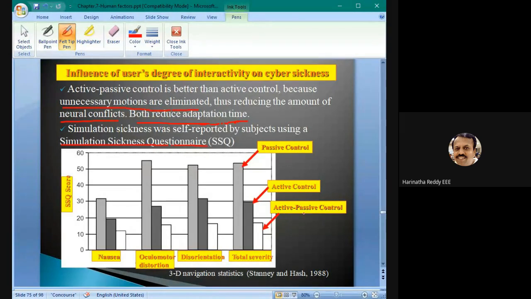You can see here, active passive control is giving us the better method. You can see here, the SSQ score is very less in this particular case. And of course, all the four characteristics were observed: nausea, oculomotor distortion, disorientation, total severity.